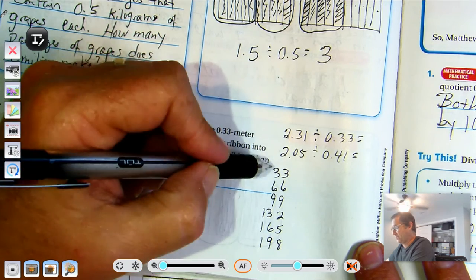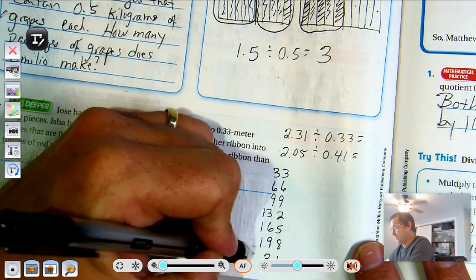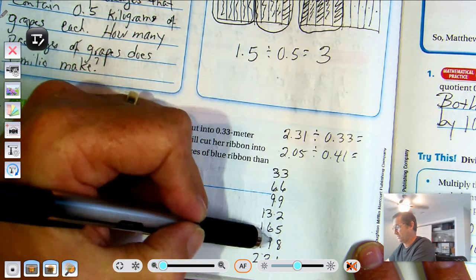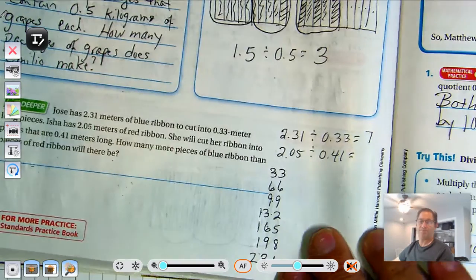And 198 plus 33 is 231. So 1, 2, 3, 4, 5, 6, 7 groups.